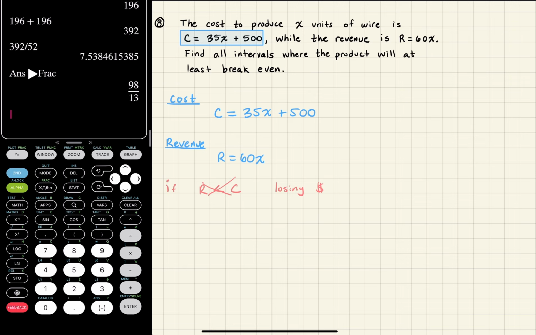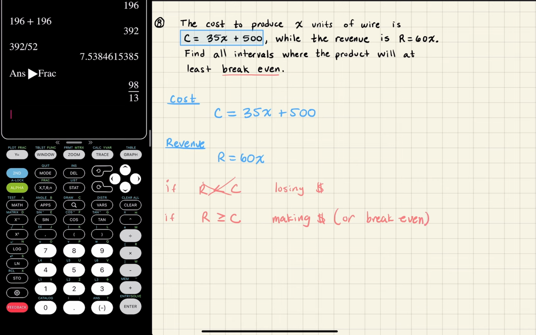We want to know where we'll at least break even, meaning we'll at least be able to cover our costs, or maybe even make some money. And the only way that happens is if our revenue is greater than or equal to our costs. That's when we can begin making money, or at least break even, meaning we've made just enough money to cover our costs.